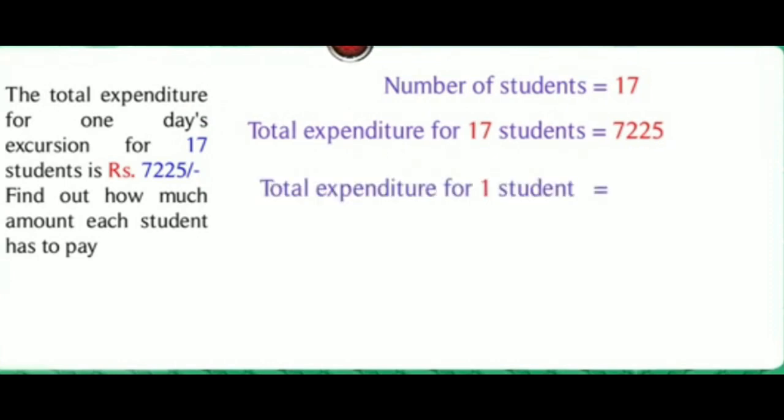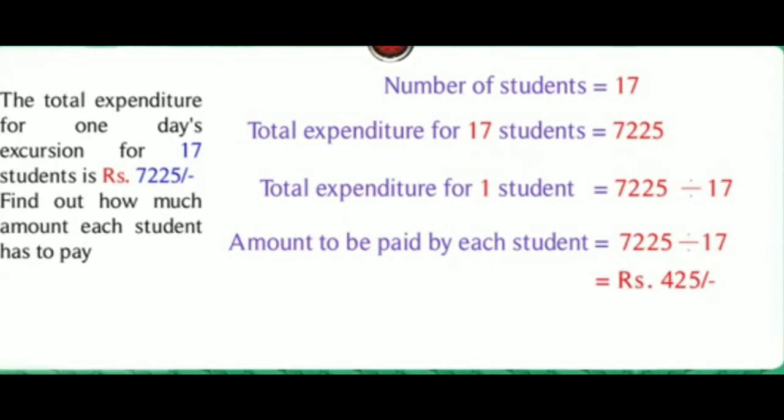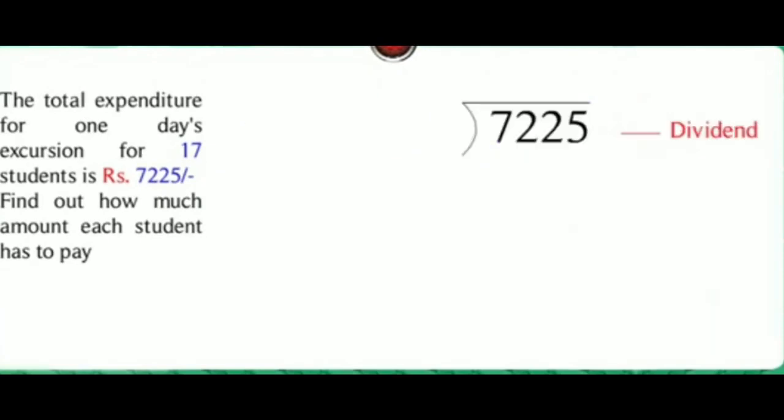So the total expenditure for one student is 7,225 divided by 17. Therefore, the amount to be paid by each student will be, we get the answer, 425. That is, each student will pay 425.